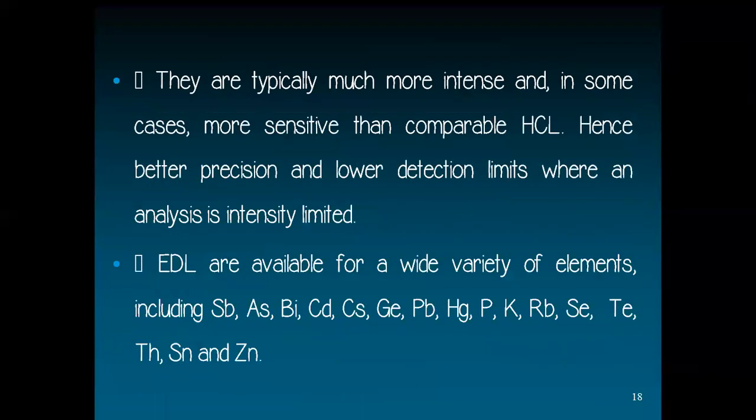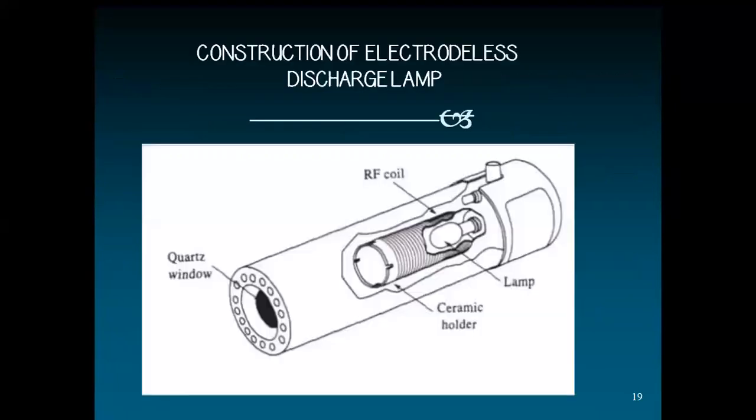They are typically much more intense and in some cases more sensitive than comparable hollow cathode lamps. Hence, better precision and lower detection limits where an analysis is intensity limited. Electrodeless discharge lamps are available for a wide variety of elements including Sb, As, bismuth, cadmium, cesium, etc. All the elements which have been mentioned over here.